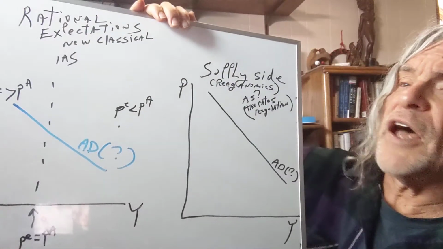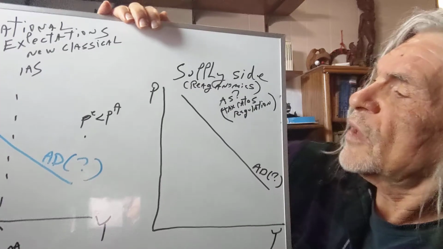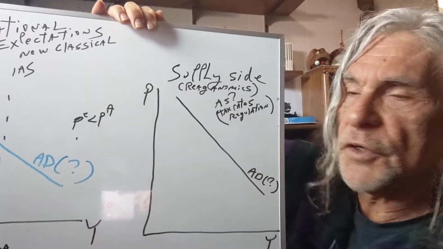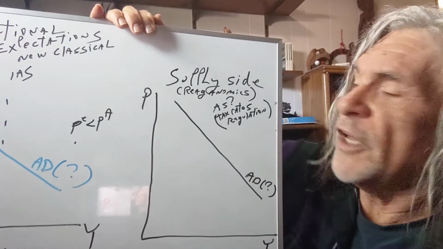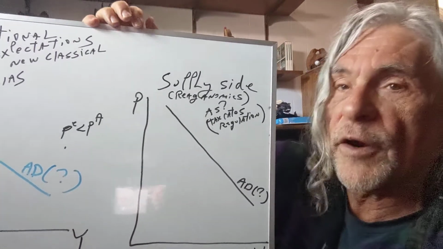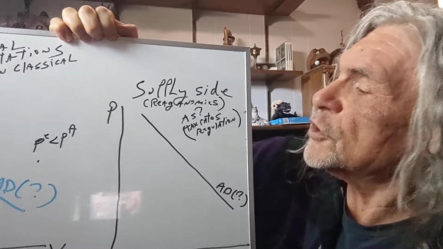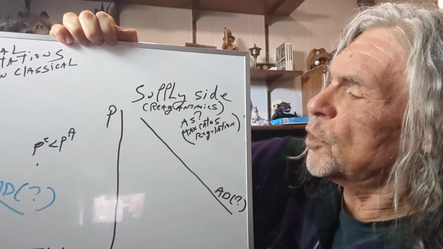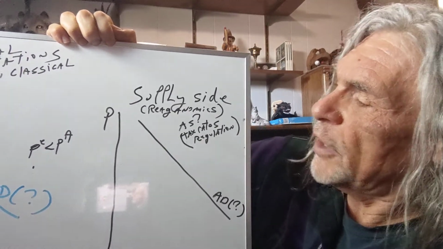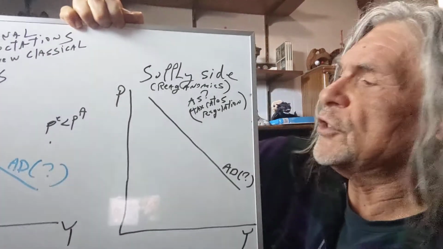And for supply-siders, a reduction in tax rates or a reduction in government regulation, particularly types of government regulation they tend to not like: environmental protection measures, civil rights protection measures, consumer product and health and safety regulations, as well as worker safety regulations.